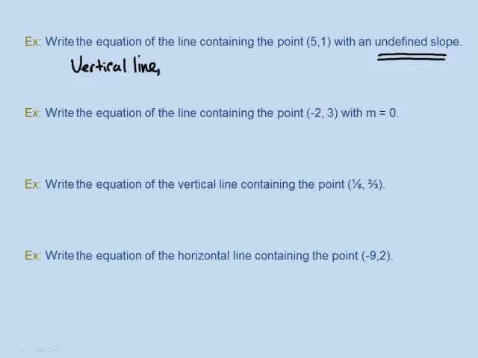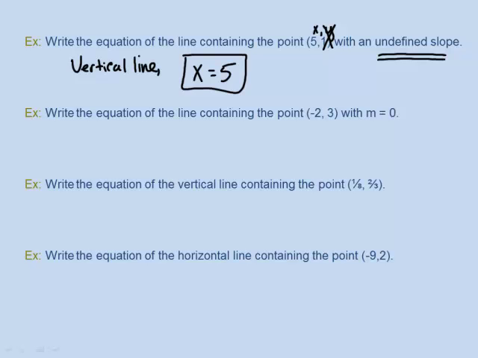So if you have a vertical line, the equation is going to be x equals something. To figure out what x needs to be, just look at the ordered pair you're given. You're given an xy ordered pair, but you know the y isn't important because in this particular equation, only the x variable appears. So here our point is x equals 5, and therefore that's our equation as well. x is equal to 5.